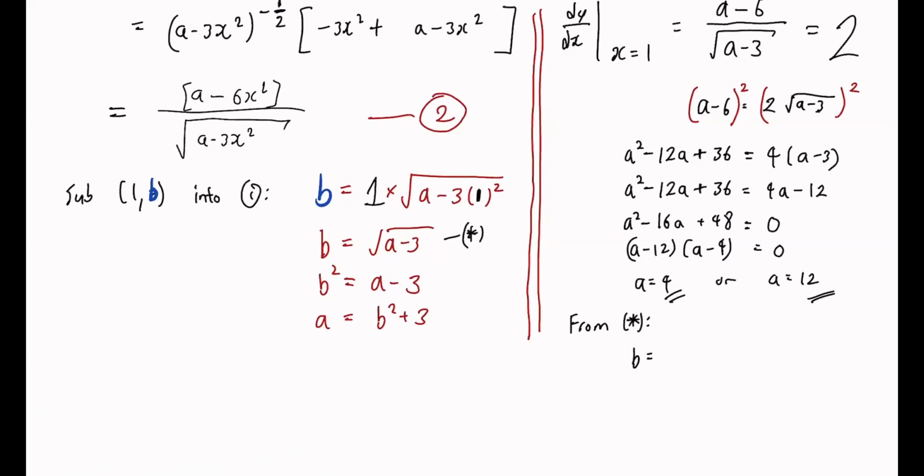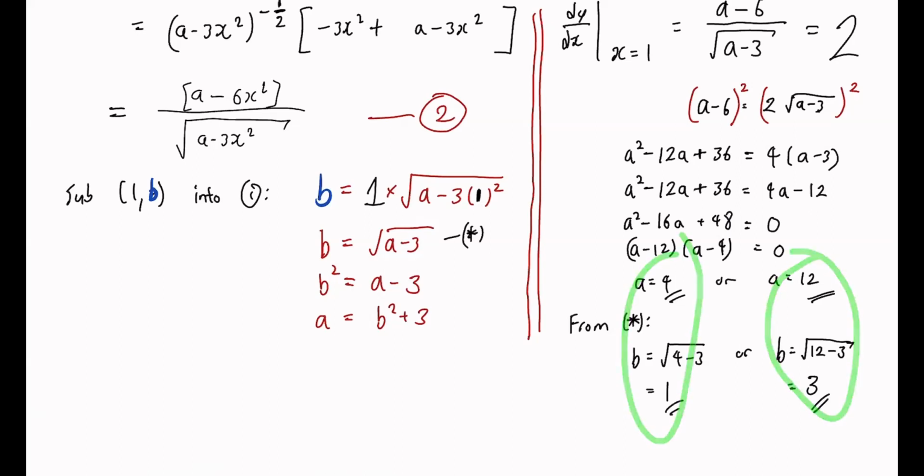Close enough. B equals square root of A minus 3. So in this case, A is 4, 4 minus 3, or A is 12, 12 minus 3. 4 minus 3 is 1, square root of 1 is 1. 12 minus 3 is 9, square root of 9 is 3. Okay, so those are your answers: 4, 1, 12, 3.